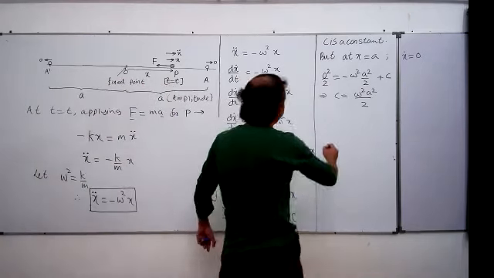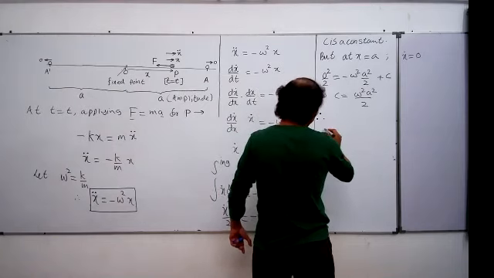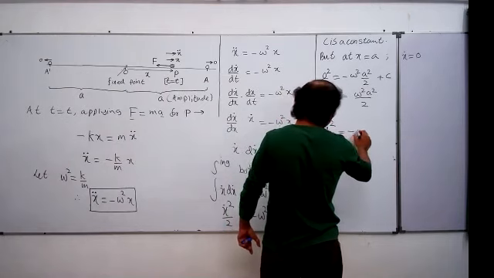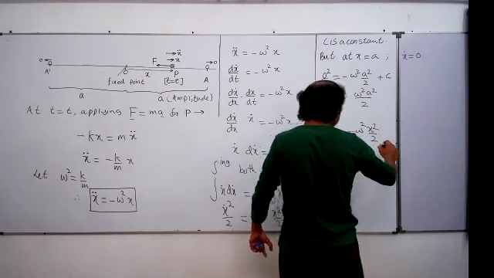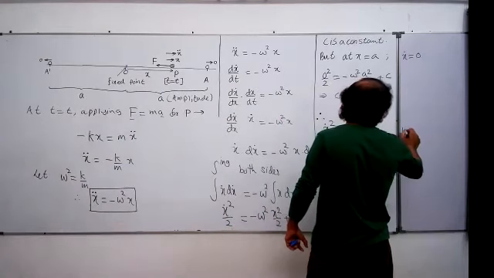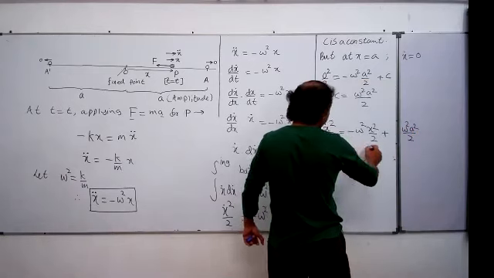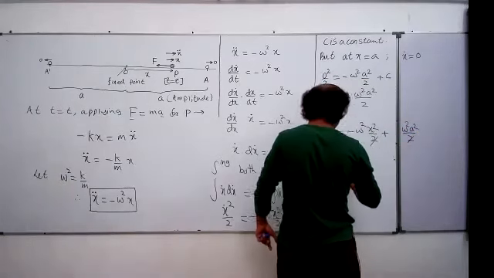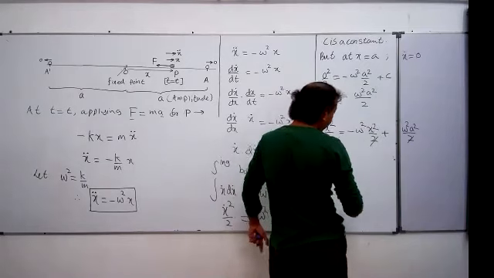Therefore, we get x dot squared upon 2 equals minus omega squared x squared by 2 plus omega squared A squared by 2. The 2s you can cancel now. Right, what do you get there?